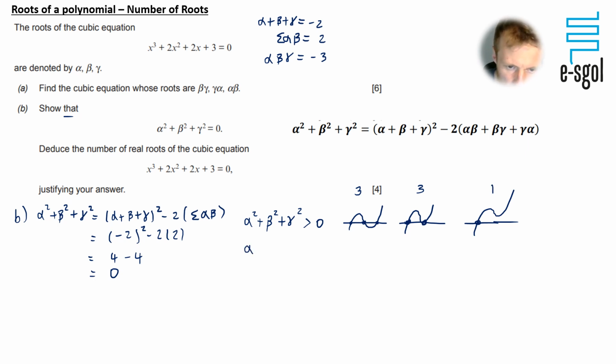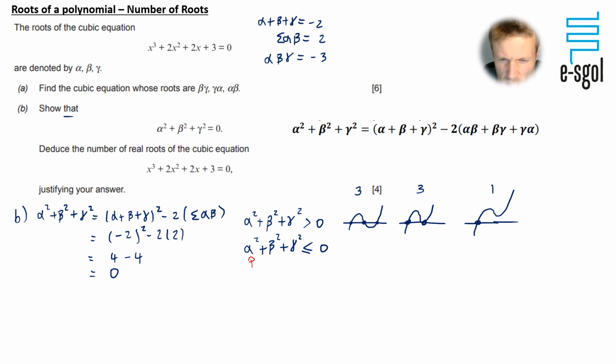If though alpha squared plus beta squared plus gamma squared is less than or equal to 0, to make that happen, because we're squaring numbers here, we would have to have at least one of these having some kind of complex element to it, or an imaginary part.